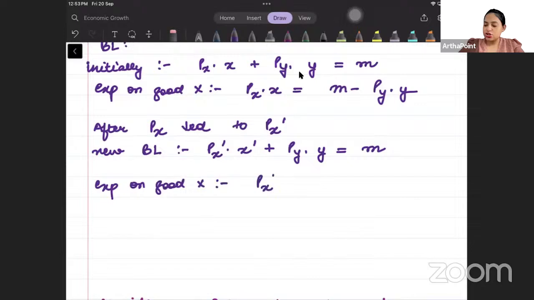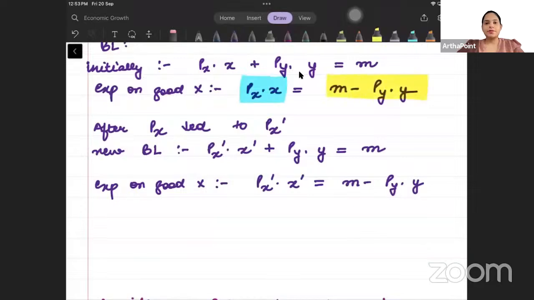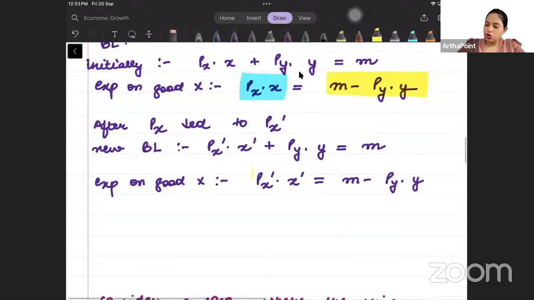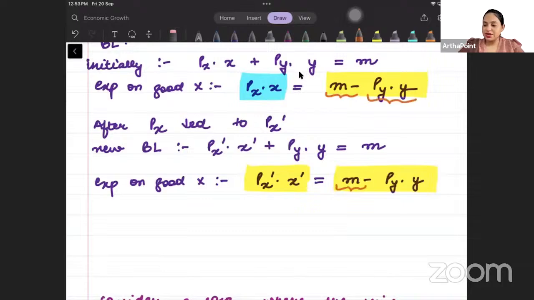So Px dash X dash will come out as M minus Py into Y. Now look, expenditure on good X here is M minus Py into Y. Right? Income is unchanged in both cases.